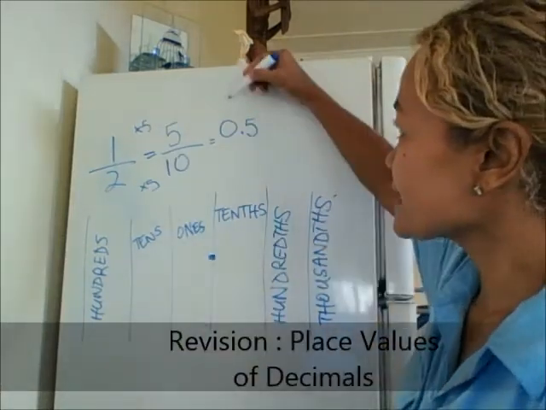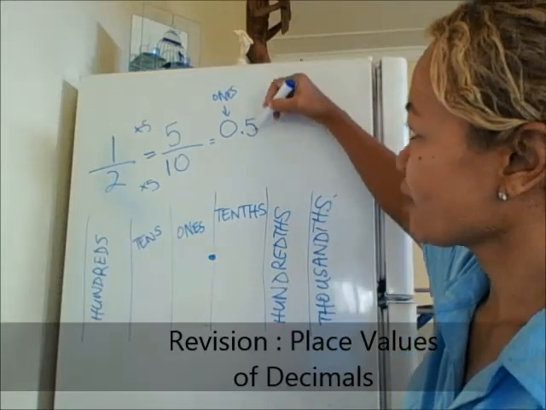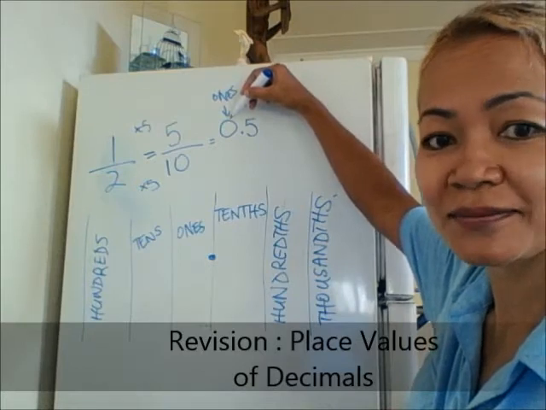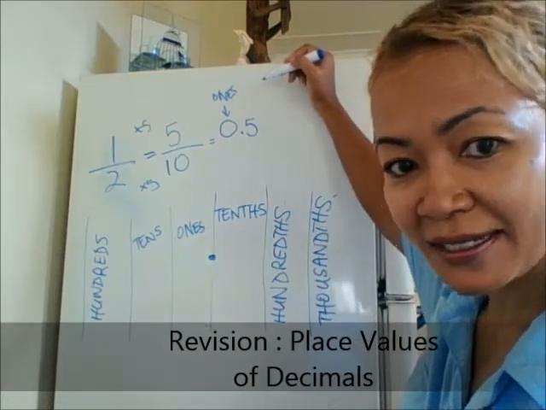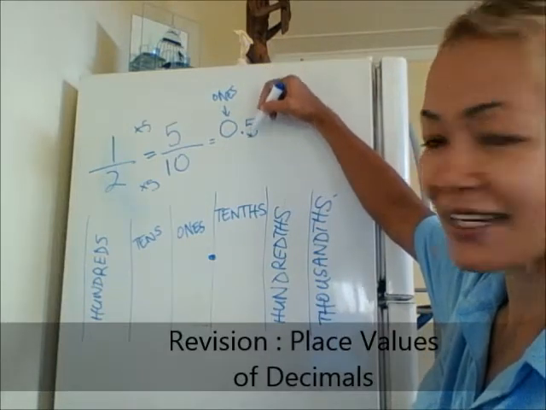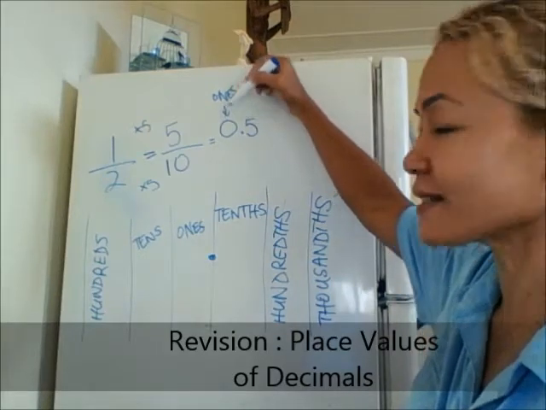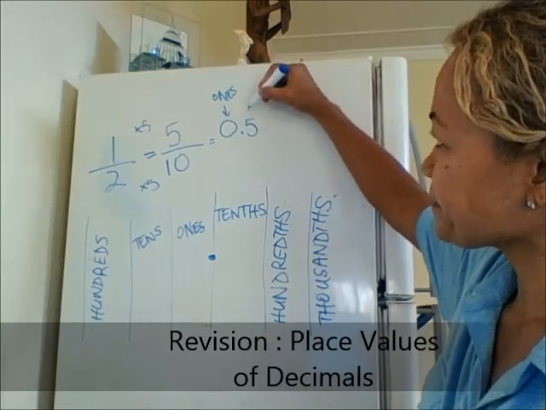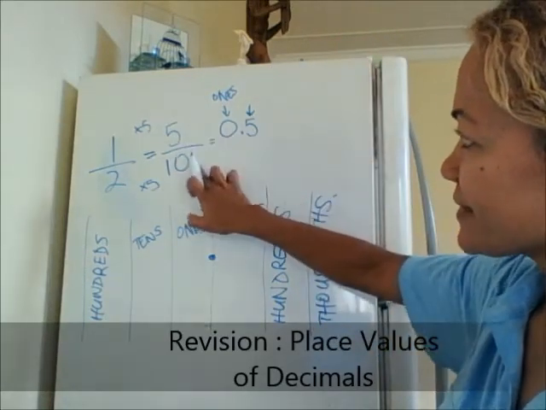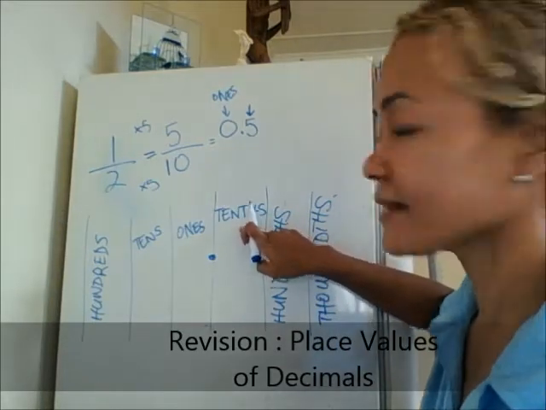Okay, so this is the ones column. You need to get 10 in this column before it's carried forward to the next column, just like you've done before in your addition and your subtraction, right? So it must hit 10 here before this becomes 0 and the next column up becomes 1. If you just remember the concept, it's 5 tenths, 5 tenths, 5 tenths.